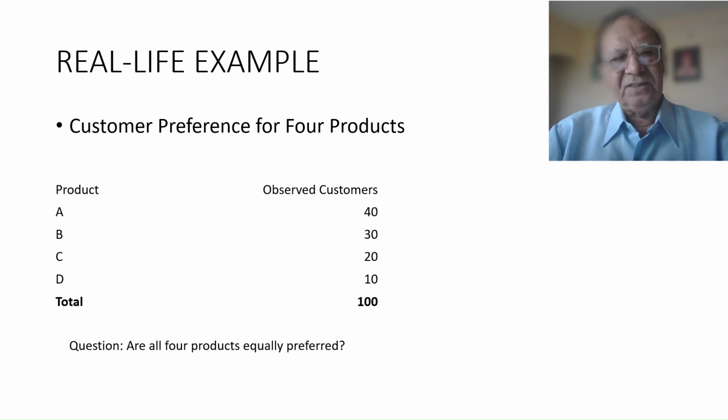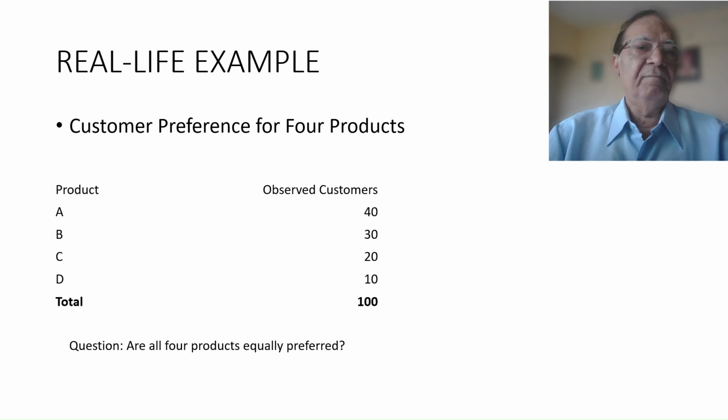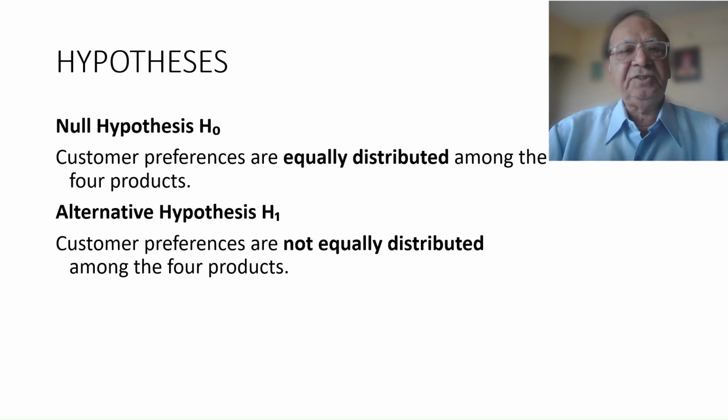At first glance, the frequencies appear different. But remember, statistics does not make a decision merely by looking at numbers. We need to determine whether these differences are statistically significant.